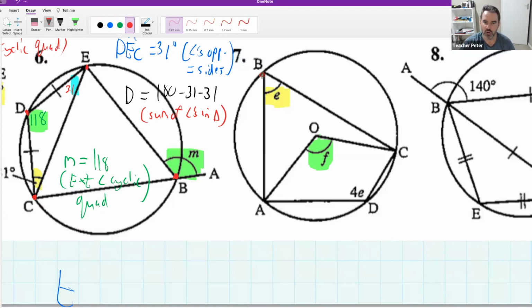So I know that these points make up a cyclic quad. But there's another shape that I feel like I've seen before, another theorem. What other theorem seems to be involved in this drawing?